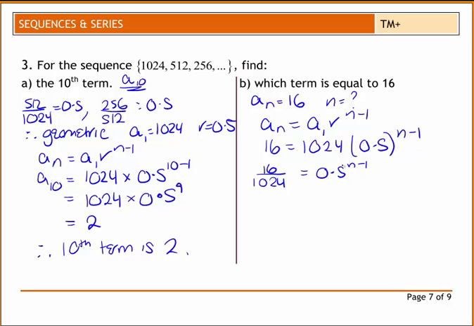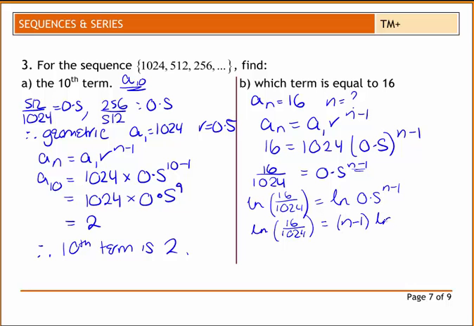This is where we need to do logs, because we need that exponent. You can either think of taking the logs of both sides or just rearranging it in the form of a log. If I take the log of both sides, I get ln of 16 over 1024 equals ln of 0.5 to the n minus 1. So I've got ln of 16 over 1024 equals n minus 1 times ln of 0.5.